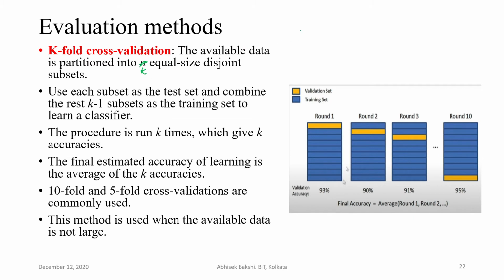We have a data set something like this. Suppose this is the whole data set. This whole data set is divided into k disjoint sets. Say this is set number 1, set number 2, set number 3, up to set number k. One of these k sets is used for testing and the other sets are used for training, and this is repeated for all the different k's.